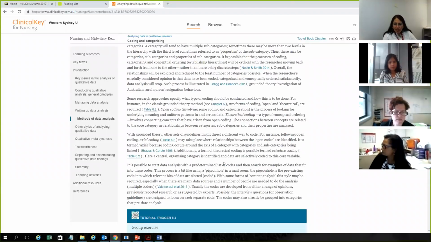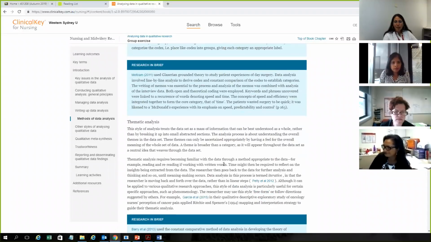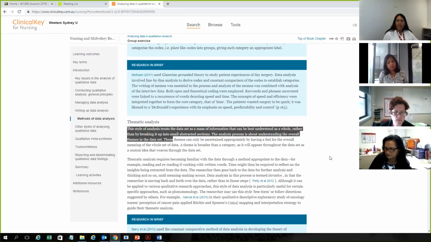Tell me if I passed it. There you go. This style of analysis treats the data set as a mass of information that can be best understood as a whole rather than breaking it up into small and abstracted sections. So now you can put in some information like that.